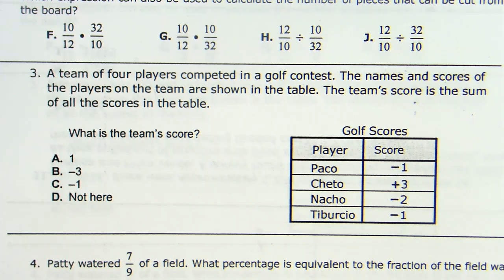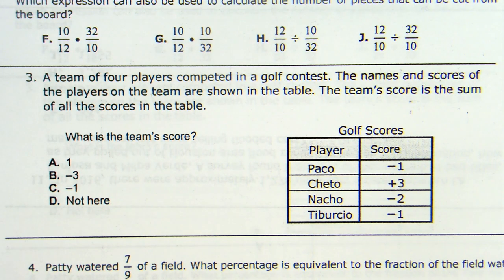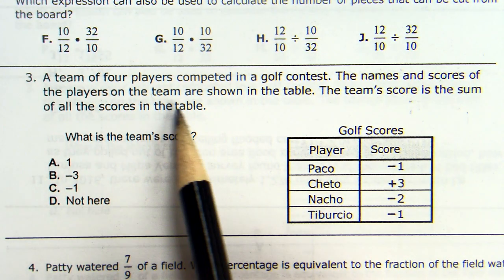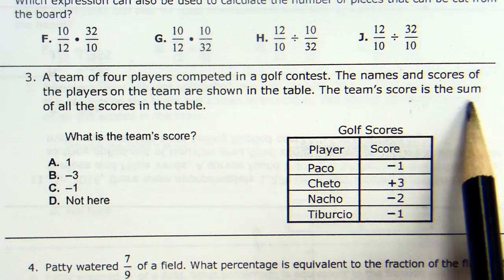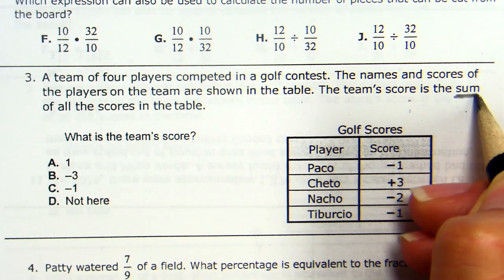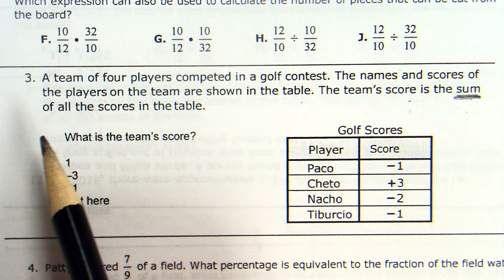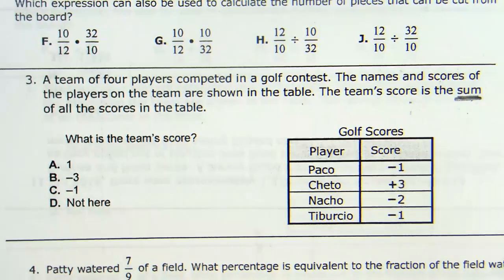Okay, number 3. A team of 4 players competed in a golf contest. The names and scores of the players on the team are shown in the table, this table over here. The team score is the sum, underline sum. What does sum mean? Add. We're going to be adding integers of all the scores in the table. With integers, you have 2 choices.